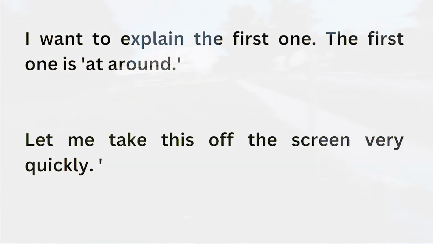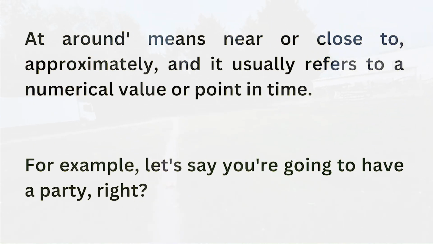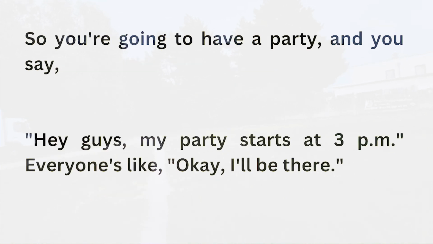Let me take this off the screen very quickly. At around means near or close to approximately, and it usually refers to a numerical value or point in time. For example, let's say you're going to have a party, right? So you're going to have a party, and you say, "Hey guys, my party starts at 3 p.m."